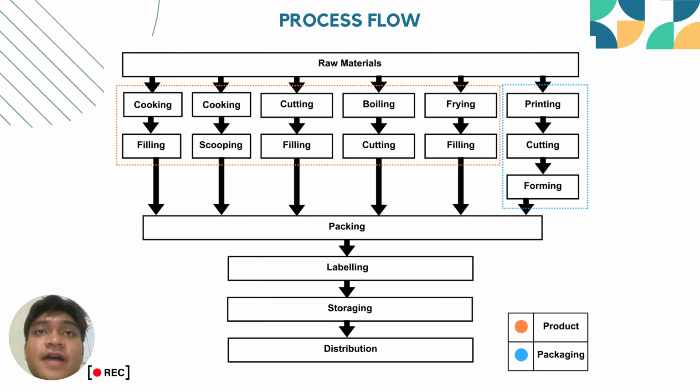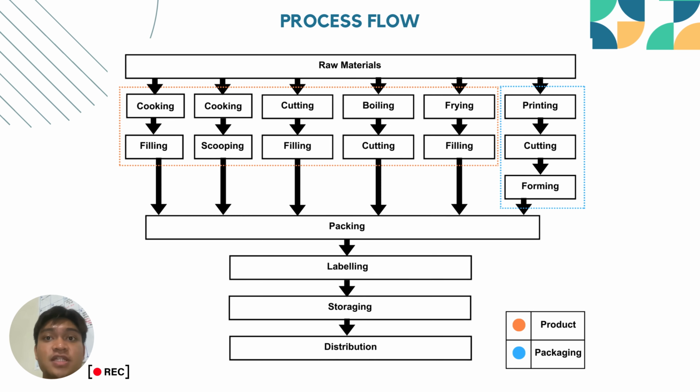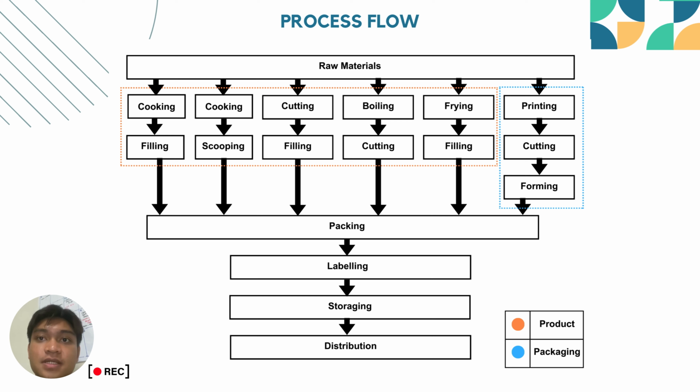So I divided it into two: section A, labeled on the orange part, is for the product, and the blue one is for the packaging. As you can see here, for the product, we have the initial process for every part, which is the cooking of the sample, cooking of the rice, cutting of the cucumber, boiling of egg, and frying of anchovy.